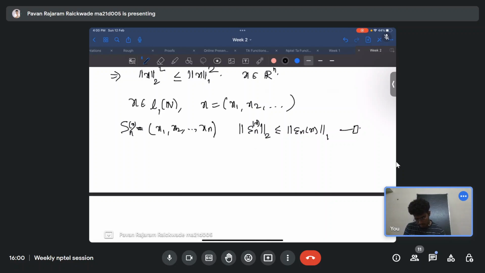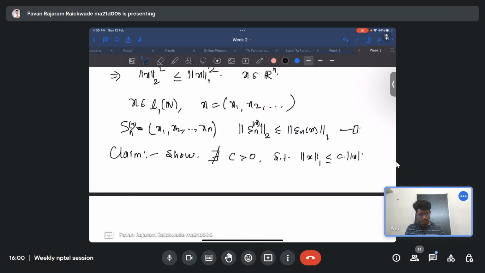So the claim is: show there does not exist a constant C, take for the moment positive, such that one norm is less equal C times two norm. This should happen for all x.